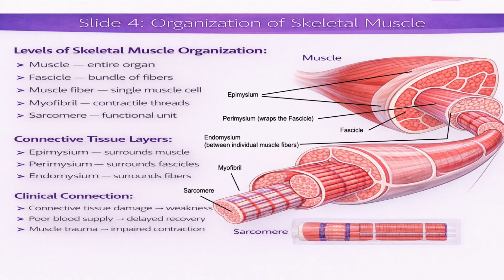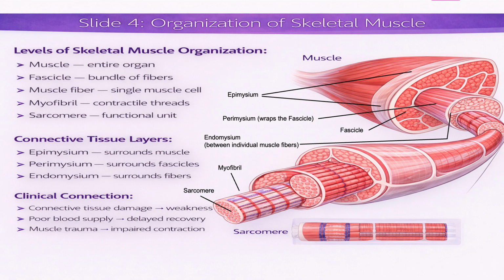Each muscle is composed of bundles known as fascicles, which contain individual muscle fibers, also referred to as muscle cells. These fibers are elongated, multinucleated cells specialized for contraction.